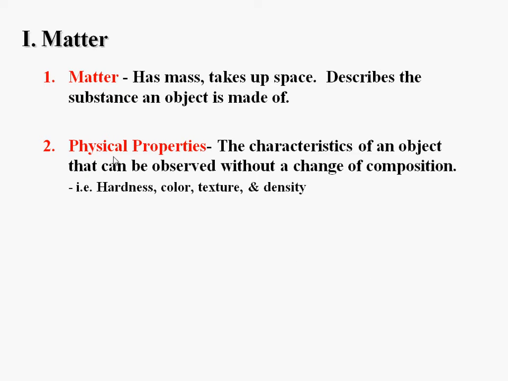Physical properties. Well, everything has a characteristic that we can observe without changing the composition of that material. So, if I take a rock and I break the rock, it has a certain hardness to it. Water has a certain color, right?